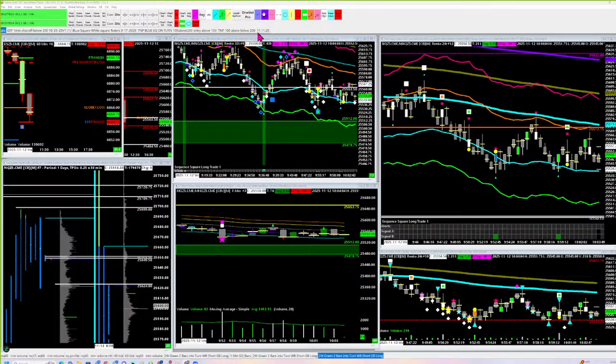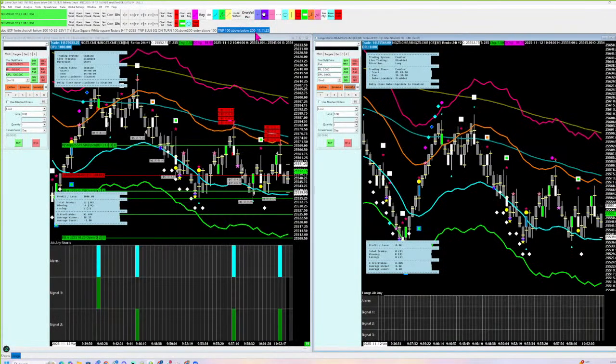So we've gotten 1 scale. Oh no, 0 scales off so far. It got slipped on the entry. So 0 scales off so far. If this stops, it usually costs you about $400, I think is the expense on that. Come on, scale 1.